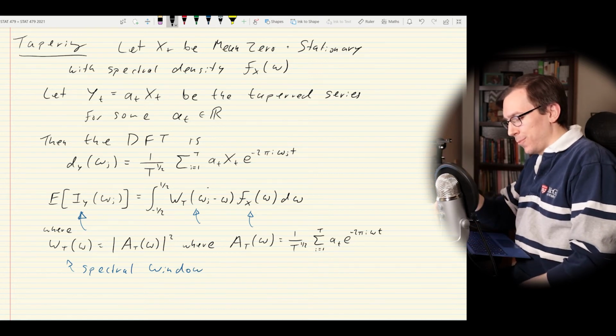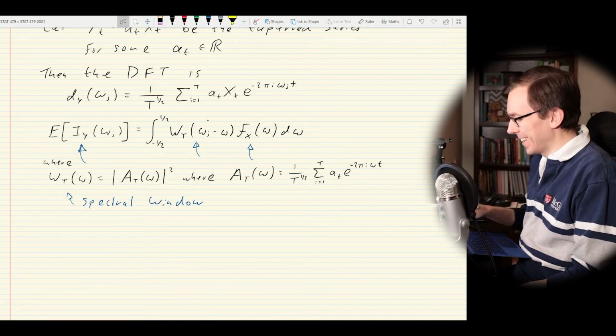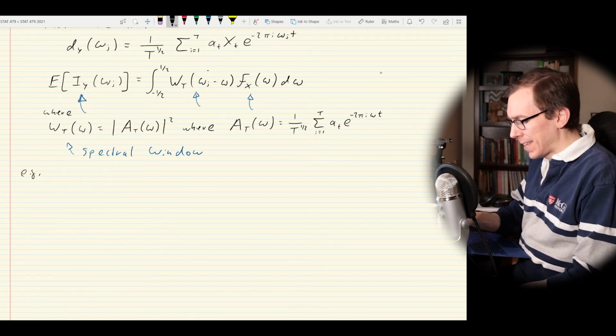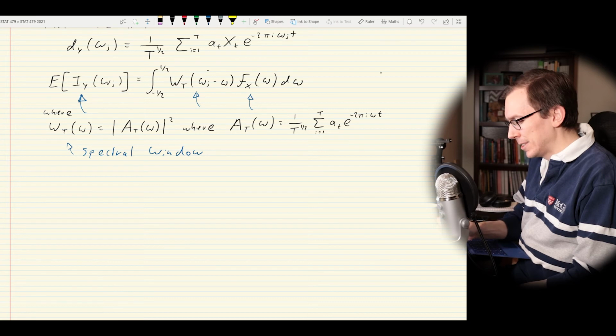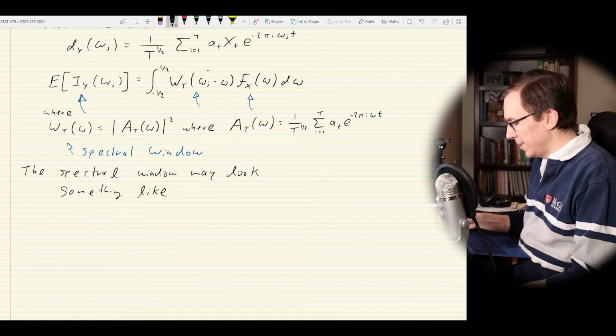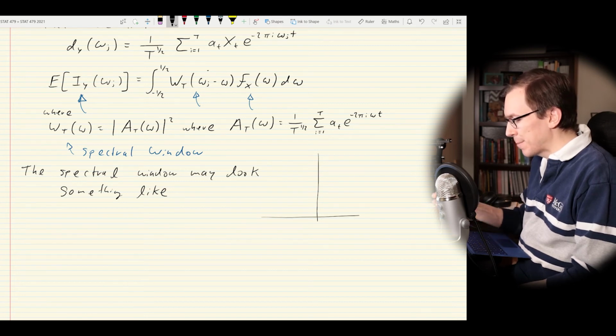All right, so then the question is, what is going on here? Well, let me not do an example yet. We'll say the spectral window may look something like, well, centered around 0 because we're offsetting it by omega_j.